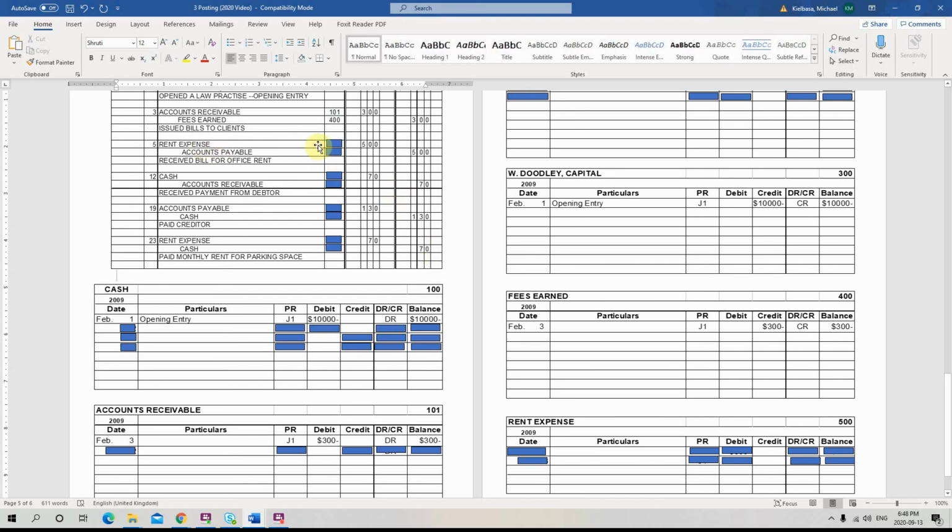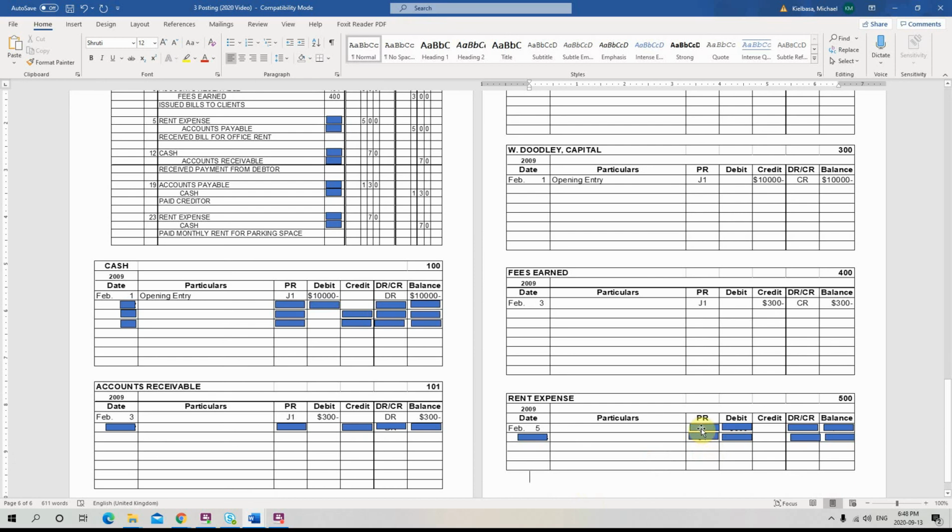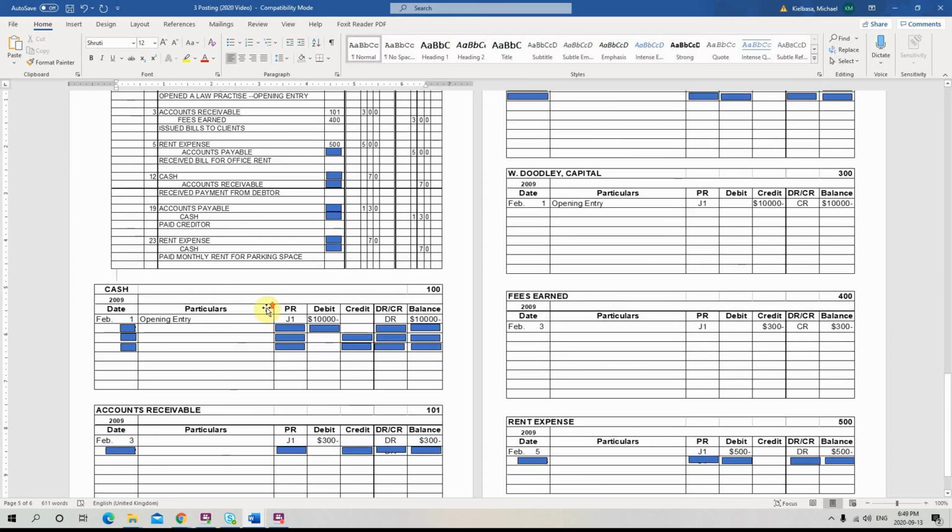Next one is rent expense on the 5th. February 5th, J1 for 500. All right. And then accounts payable credited for 500 on the 5th.